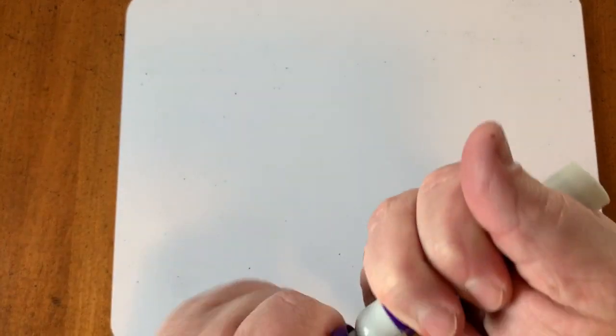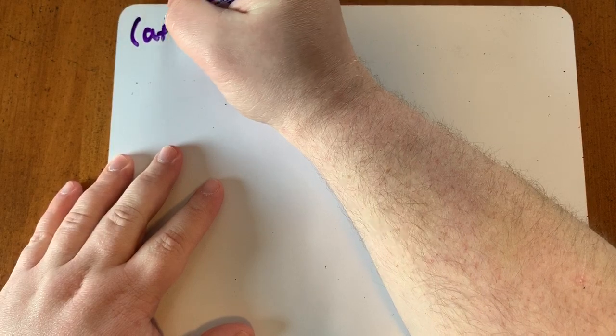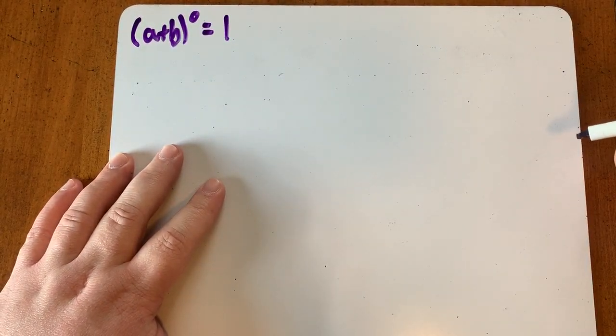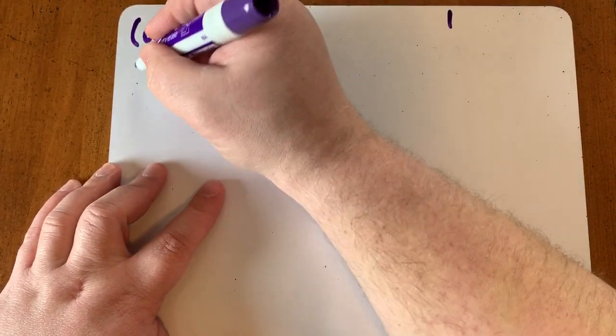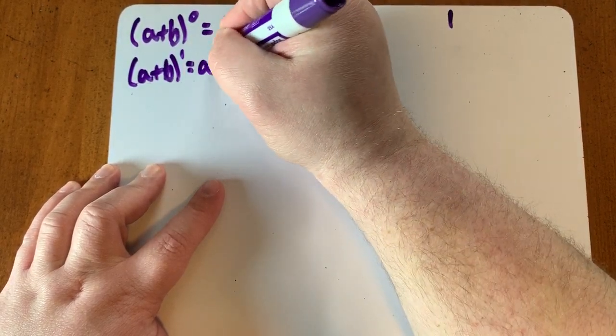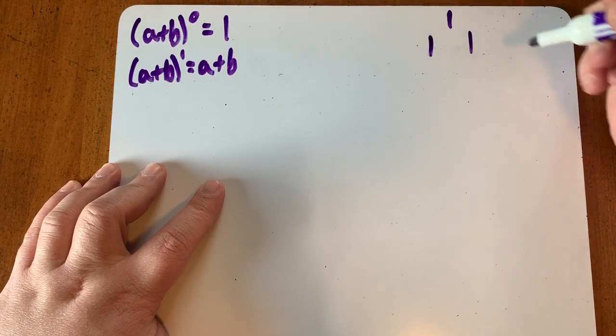So it all starts with our basics, our lowest powers. If you have (a+b) to the 0, that's just 1. So the only coefficient is a 1. If you have (a+b) to the first, that's a plus b. So a coefficient of 1 and a coefficient of 1.